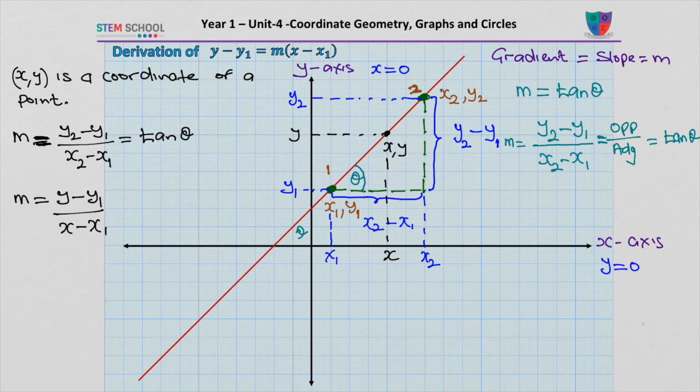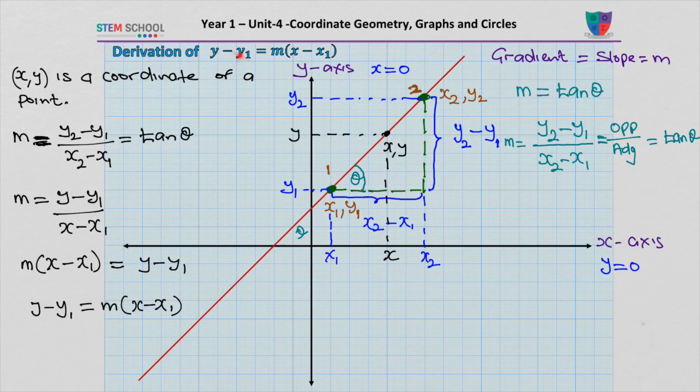So I'm going to make y minus y1 the subject. Multiply both sides by x minus x1. Then I get m into bracket x minus x1 equal to y minus y1. Therefore, we have y minus y1 equals m into bracket x minus x1.